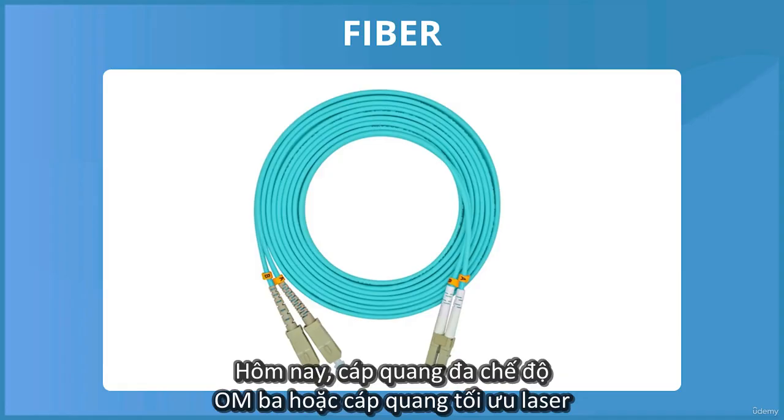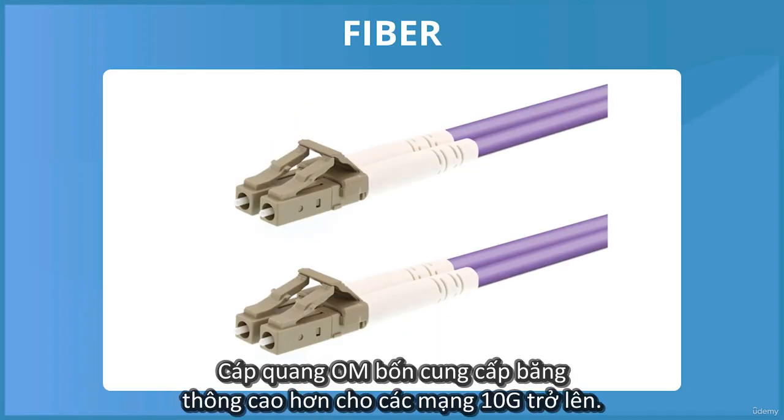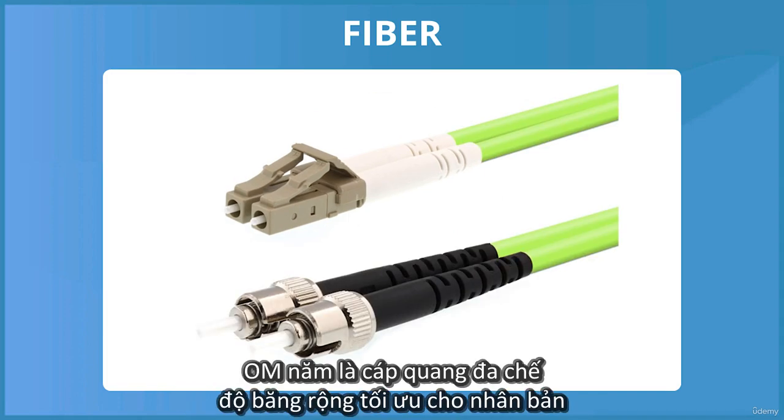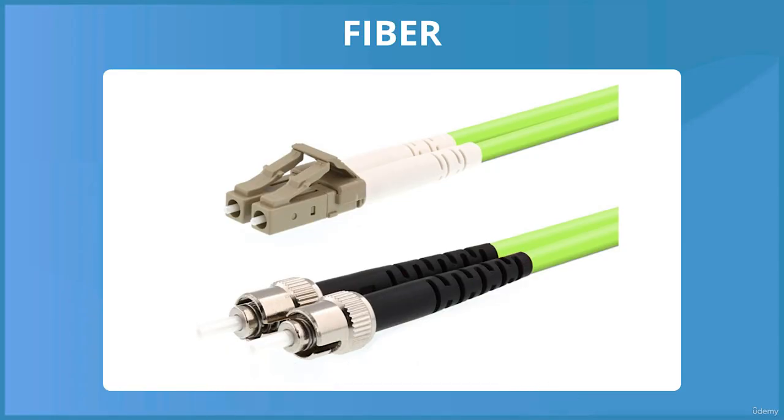Today, the newer OM3 or laser-optimized 50/125 fiber is considered the best choice for multimode applications. OM4 fiber provides higher bandwidth for 10G plus networks. OM5 is broadband multimode fiber optimized for wavelength division multiplexing with VCSEL in the 850 to 950 nanometer range.